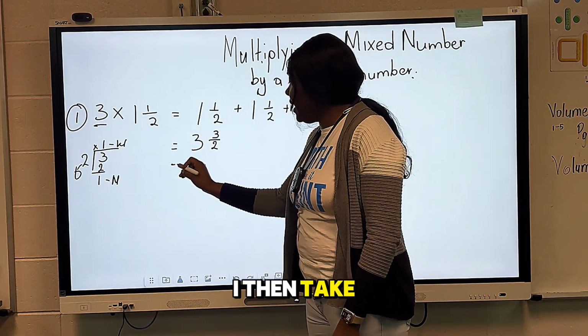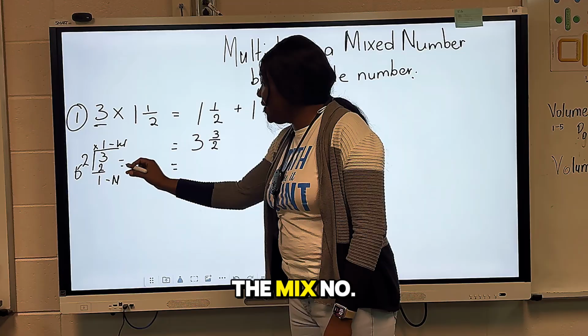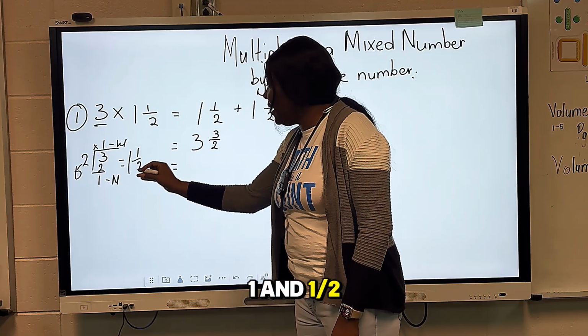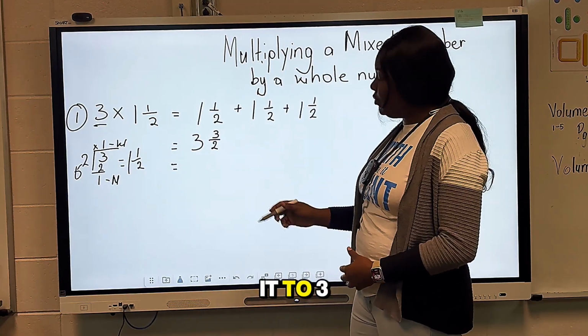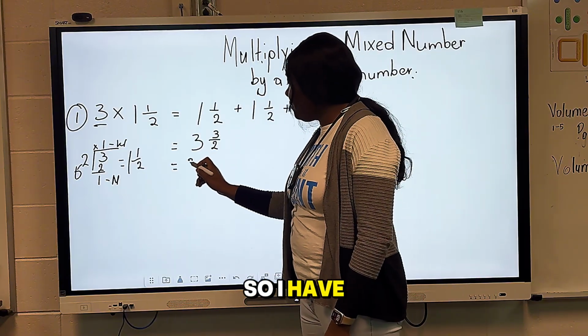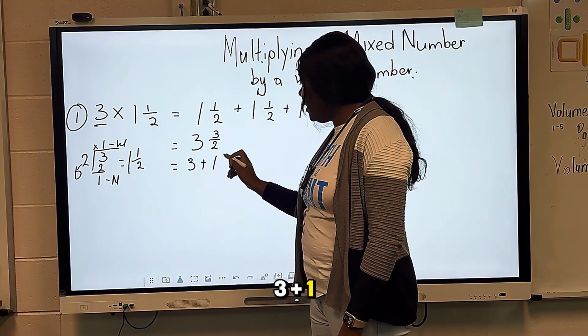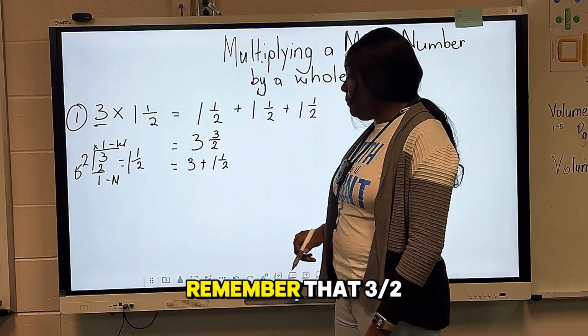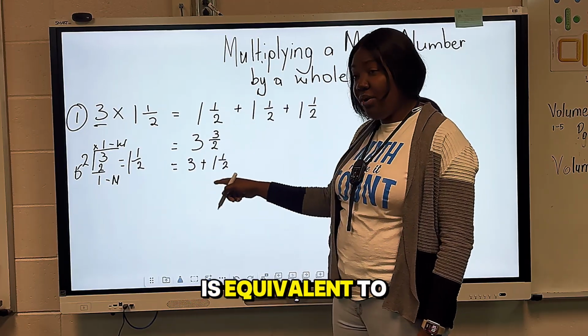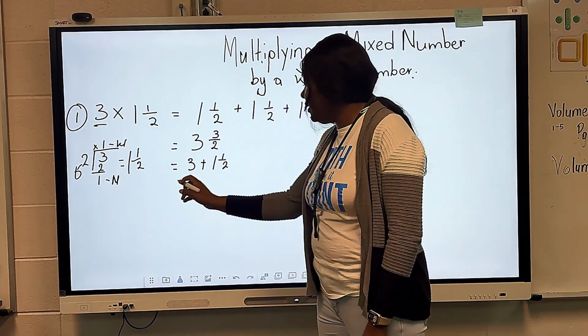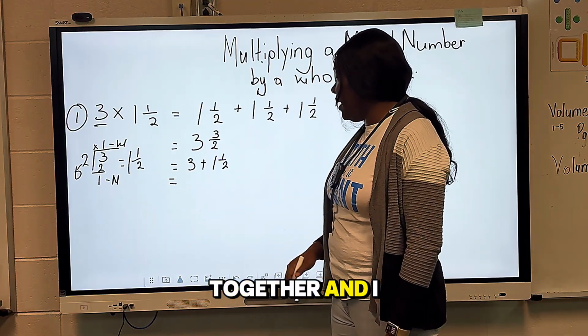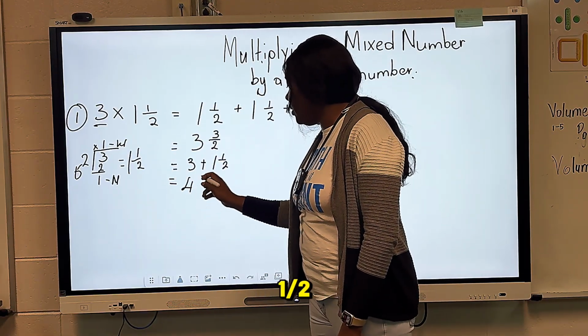I then take the mixed number, 1 1/2, and I add it to 3. So I have 3 plus 1 1/2. Remember that 3 halves is equivalent to 1 1/2. I add these together and I get 4 1/2.